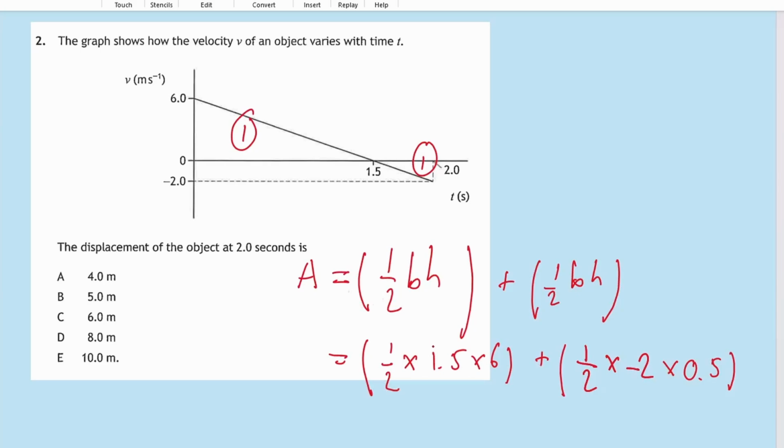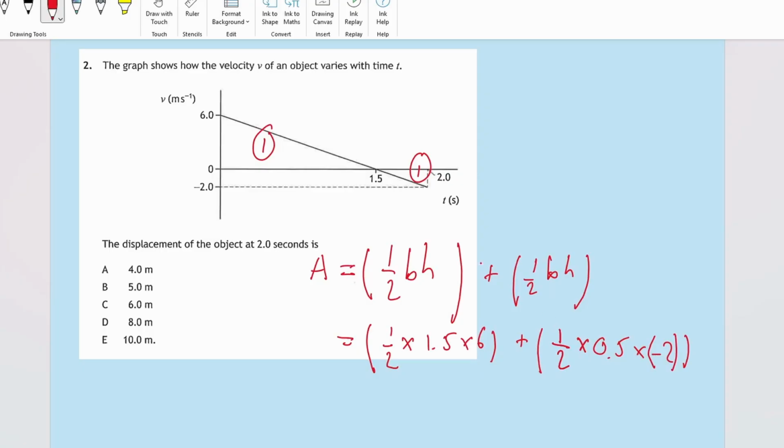For the first one, I've used 6 as the height and 1.5 for the breadth. For the second one, I've used 0.5 since we do 2 minus 1.5 for the breadth, and 2 for the height. That gives us 4 meters for the displacement, and that gives us answer A.